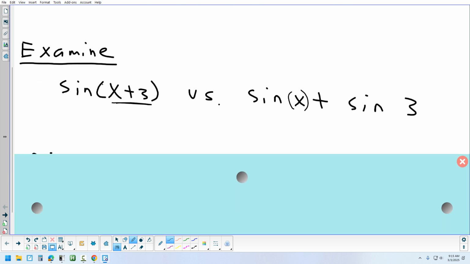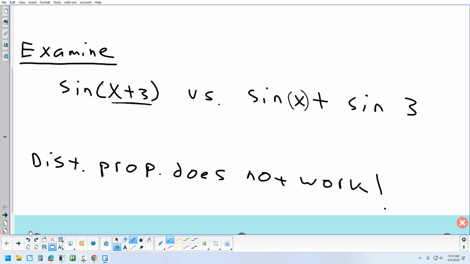So you can't just do a distributive property with a function. That doesn't work at all. You can distribute a number, you can distribute letters, but you can't distribute a function. Same thing if I said the square root of 4 plus 9.